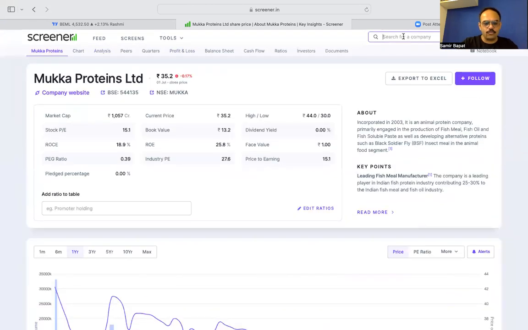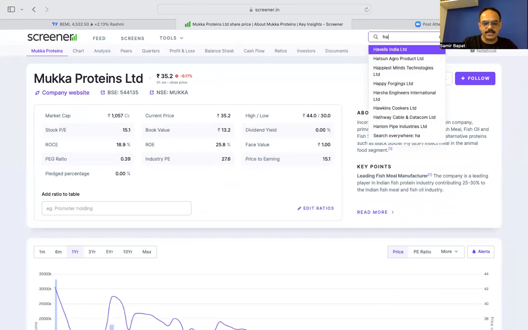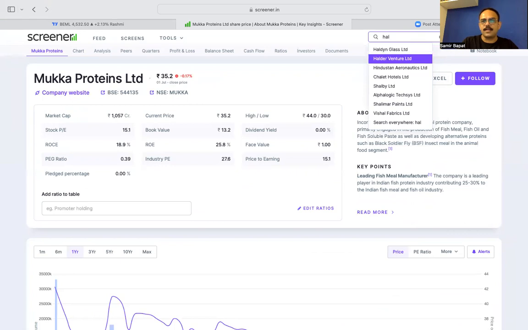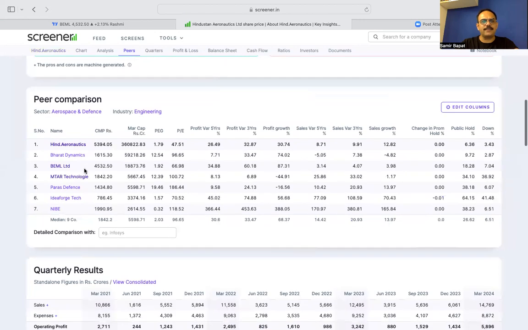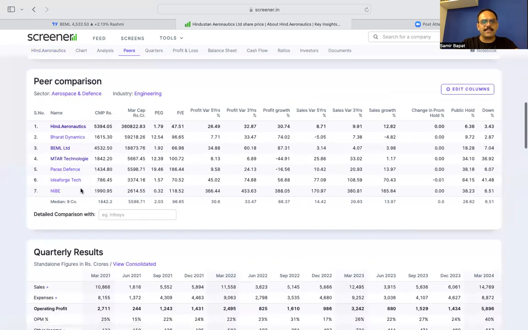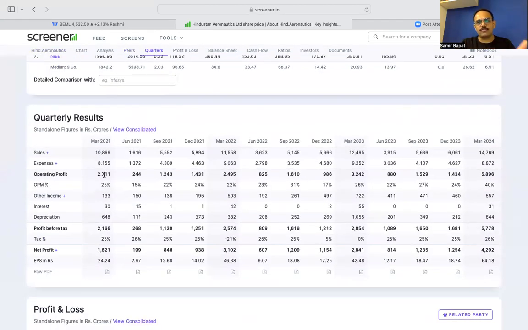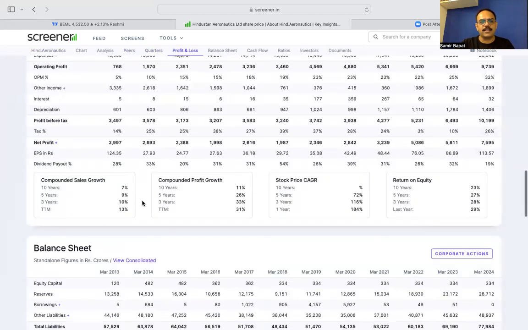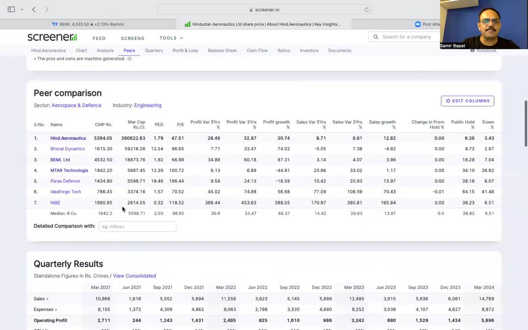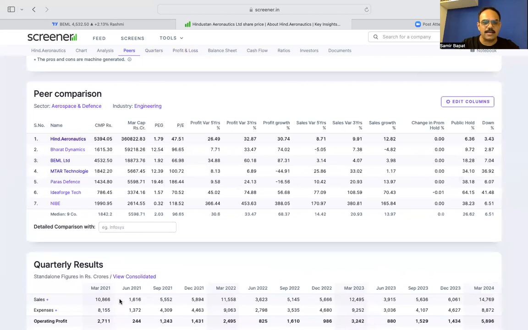Then if you go to someone like HAL, you will have HAL's entire balance sheet. You'll have peer comparisons. You can compare ROC and all, how it is going year over year, what the compounded growth is. You can check the ROC between the companies. So you can start working on it before we work on the next ratios on coming Wednesday.